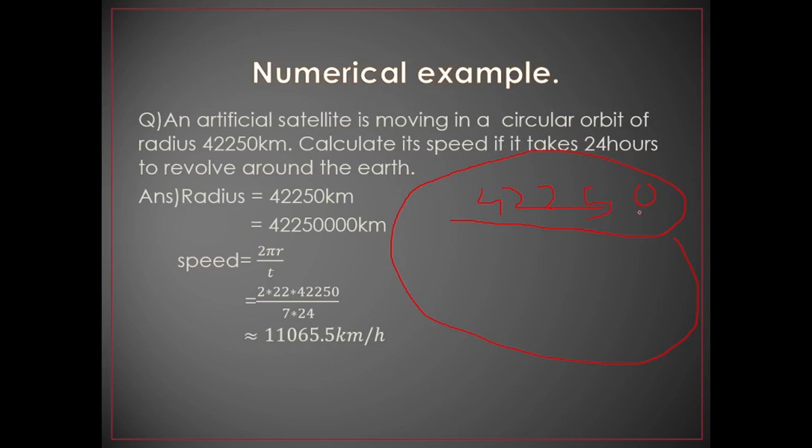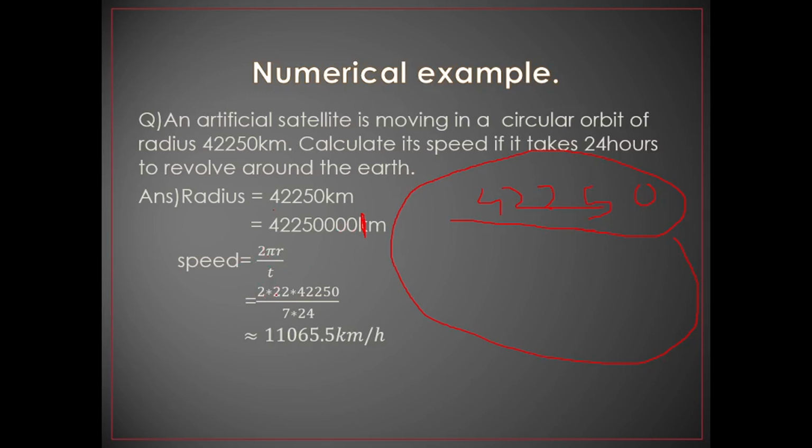The radius is given in kilometers; in meters it is 42,250,000. So the speed is 2 pi r by t.